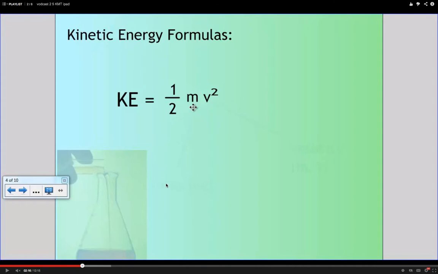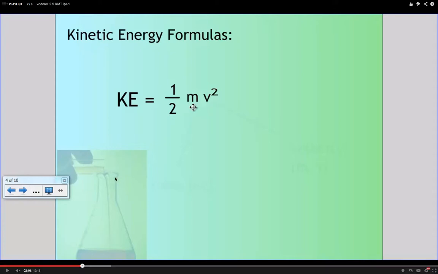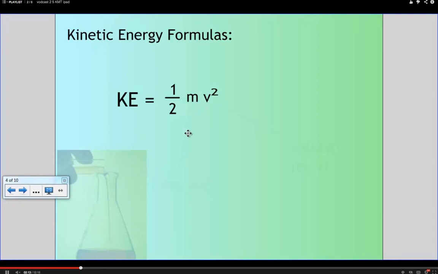You probably remember this from middle school, but this is the kinetic energy formula. It states that you take 1/2 of the mass times the velocity squared. The mass in this case is always going to be in kilograms, and the velocity is going to be in meters per second.